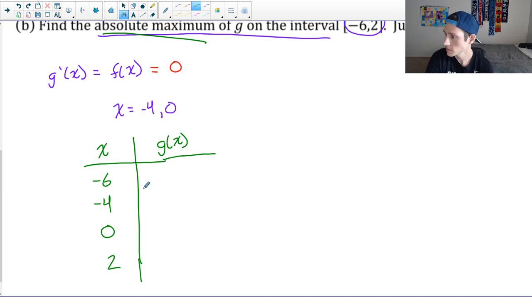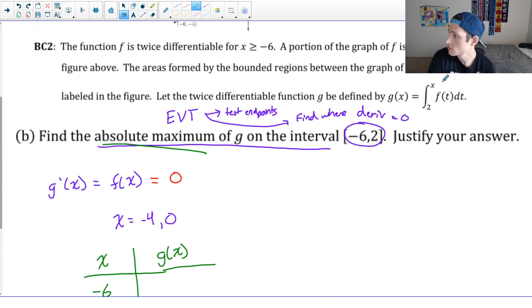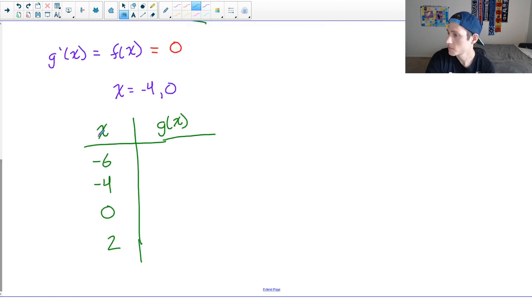Okay. So we're just going to plug in these values to our function, right? What is g? Well, g is defined by this function, integral from 2 to x of f. So the integral from 2 to -6 of f of t dt.